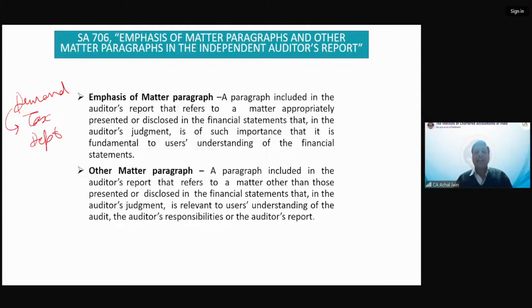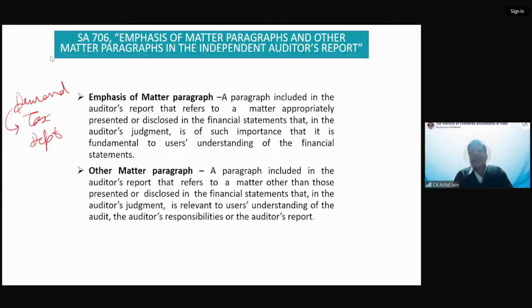So if the company agrees, what will they do? They will pay this and record that as an expense in the financial statements. Yes or no? Tell me. So if they agree, they will record it, pay this, and this will be taken to the financial statements. Yes or no? Yeah, Tambeshri says yes.